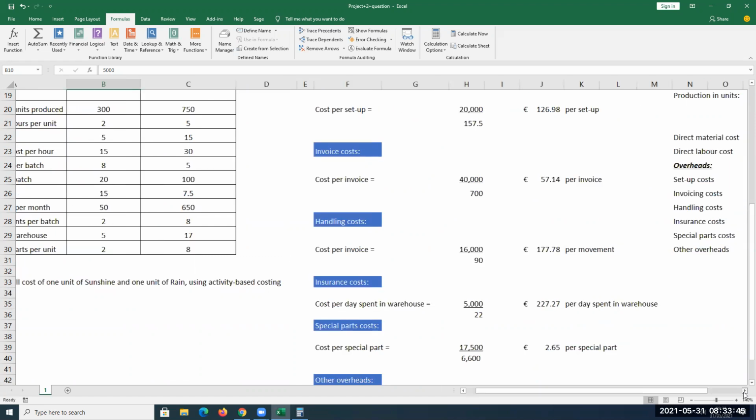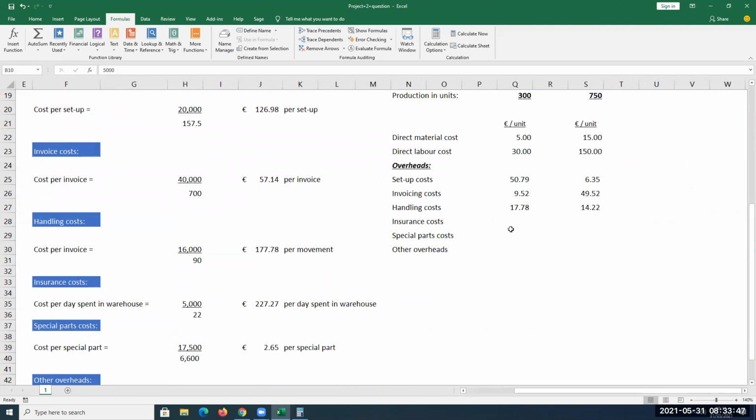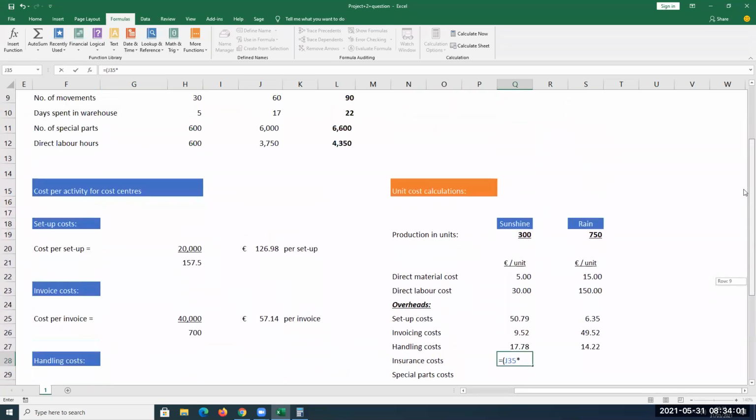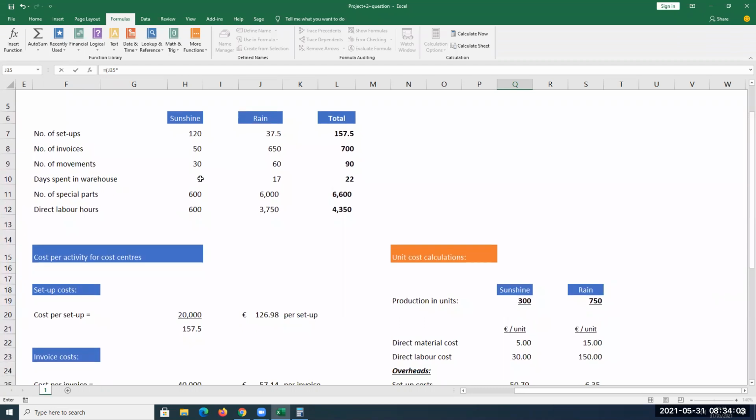So now insurance cost, I can say equals 227.27 multiplied by how many days we spent for the first product, days spent in the warehouse 5.